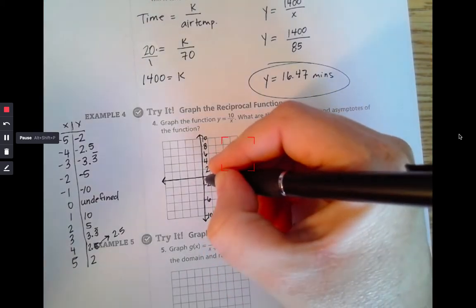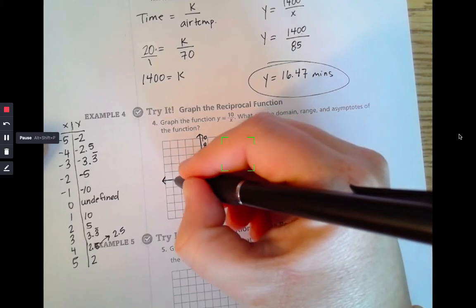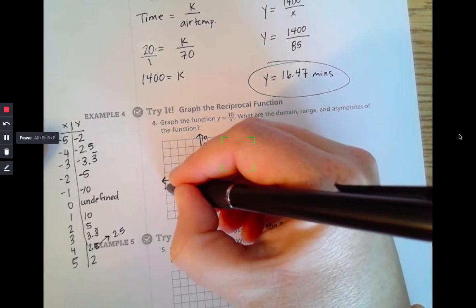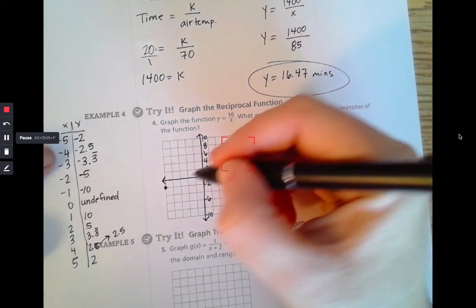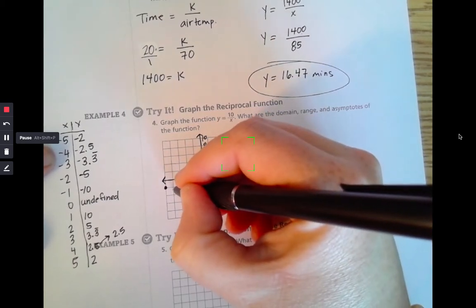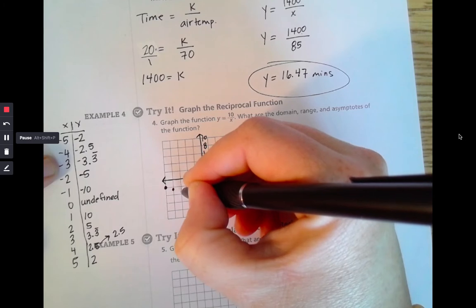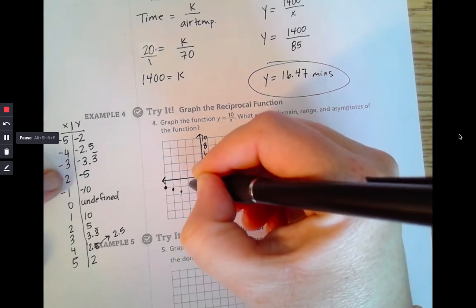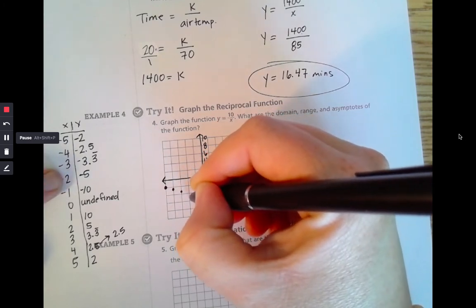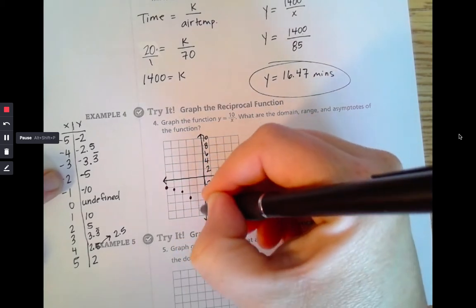All right, so I'm going to plot the points I have: negative 4, negative 2.5; negative 3, negative 3.3; negative 2, negative 5; and negative 1, negative 10.